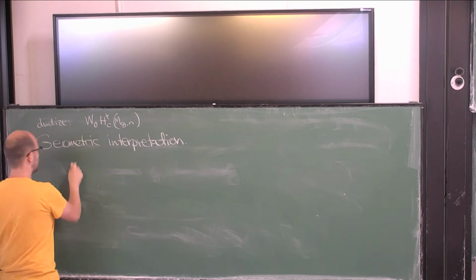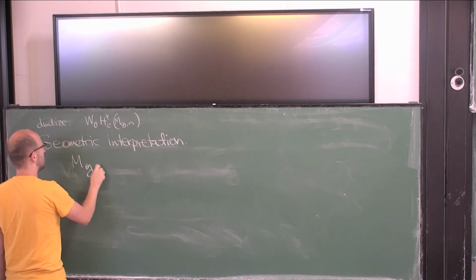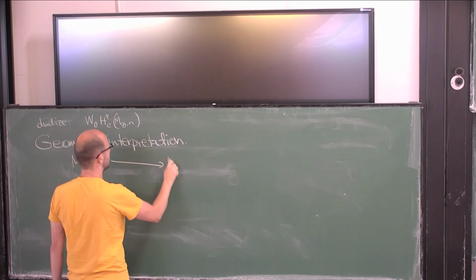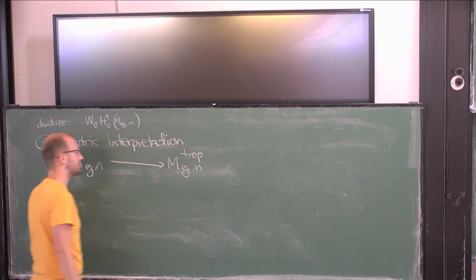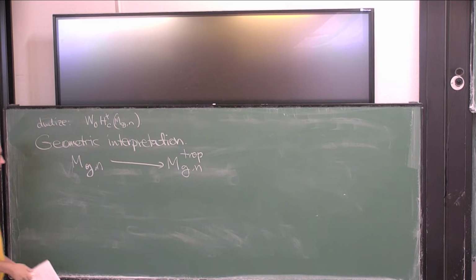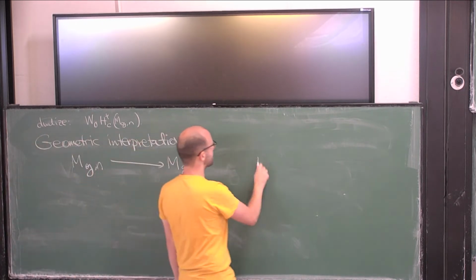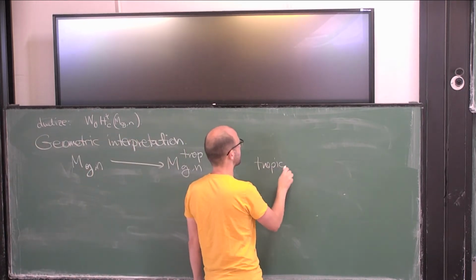It turns out that there's a map of M_{g,n} to a space called M_{g,n}^trop, and we heard about it in Francis' talk. It's a tropicalization morphism.